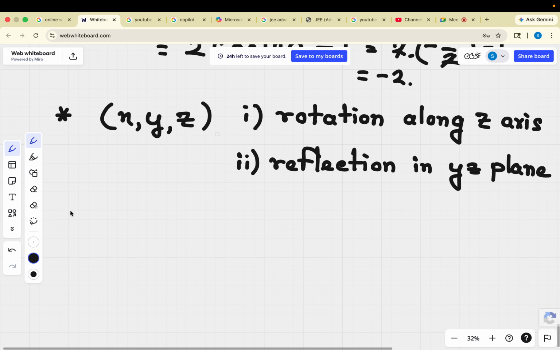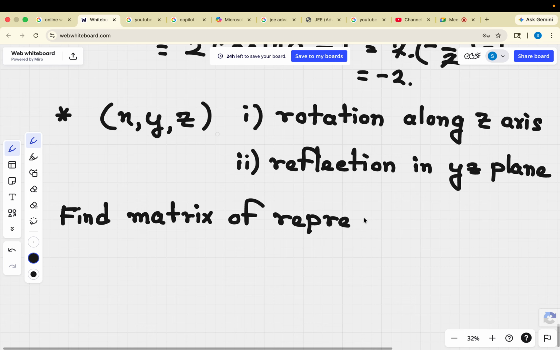So this thing you have to do, and then they are asking that find the matrix representing the two-step transformation. Matrix representing two-step transformation.